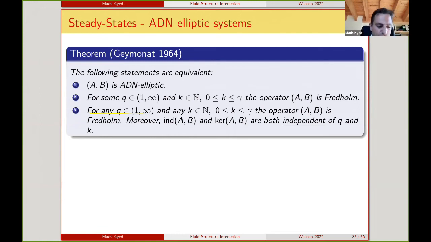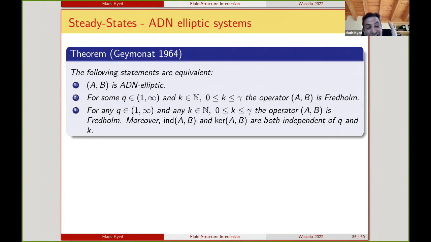Now I am a little bit confused, because here it says Q, and I always use the letter P when I talk about LP spaces. This is a typo. This should not be Q, this should be a P. So okay, I'll just reiterate.